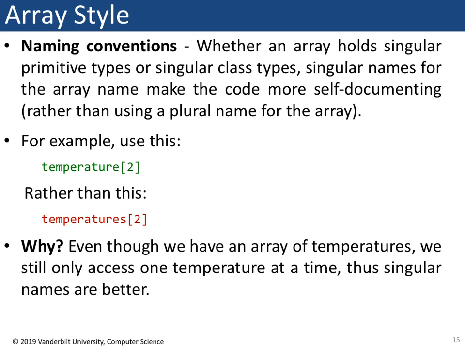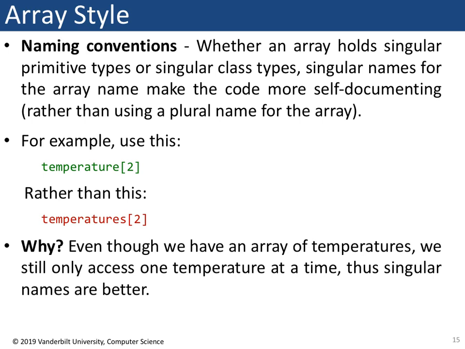Using singular forms of words gives the code more readability, which means it's more maintainable long term and it's better self-documented. And as you get more familiar with using arrays, you'll begin to see that even though the array called temperature stores multiple temperatures, each individual access to that array in the program only modifies or reads a single element from the array. So in the program, we're only making use of one temperature in each location where we access the array.